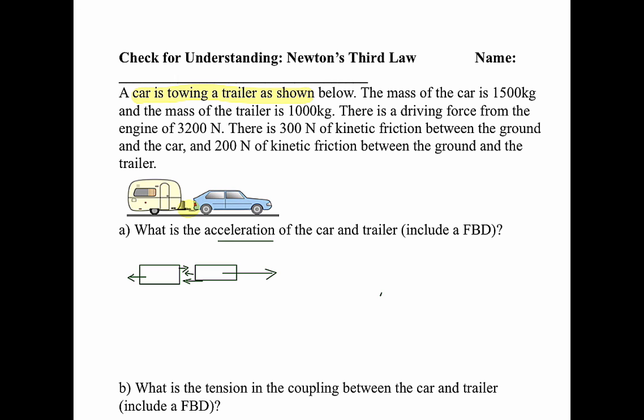So there's quite a few forces involved here. But the important thing are these tension forces in here. You have two tension forces that are equal in size and opposite in direction. So if we consider our system to be the entire thing, the car and the trailer, then those two tension forces will cancel out and we'll be able to find the acceleration.